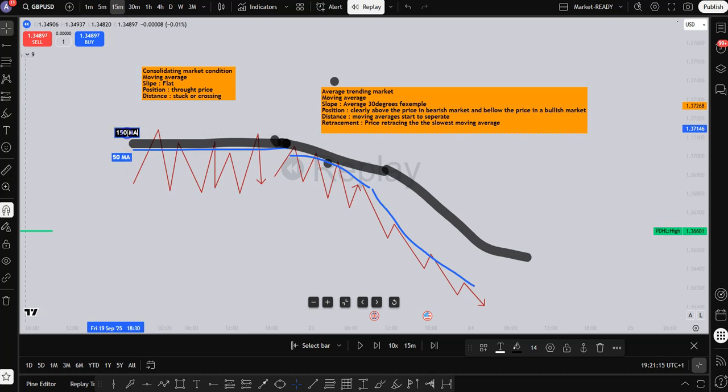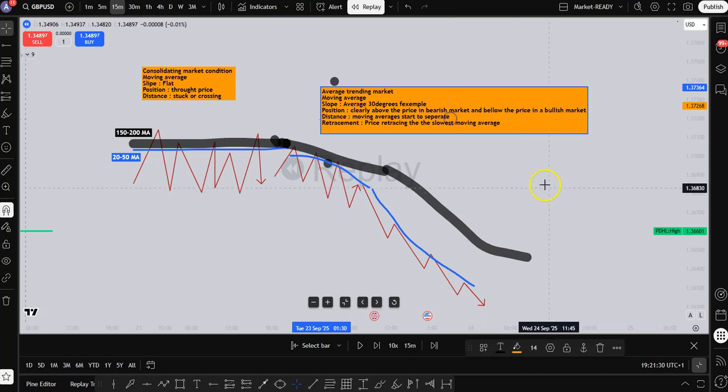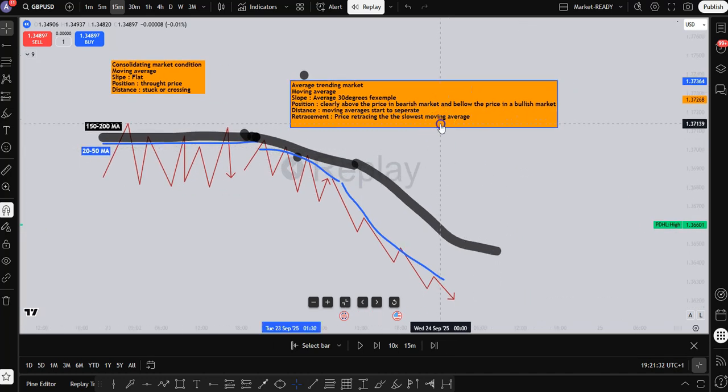And 150, I can say 20. Let's say 200. Say 50 or even 20, if you like to.